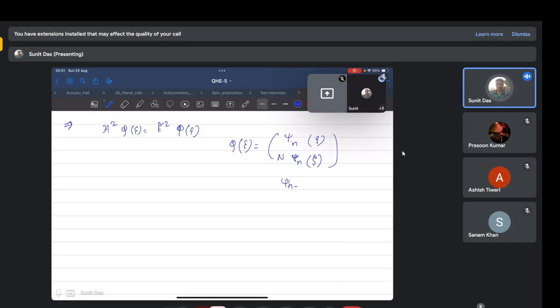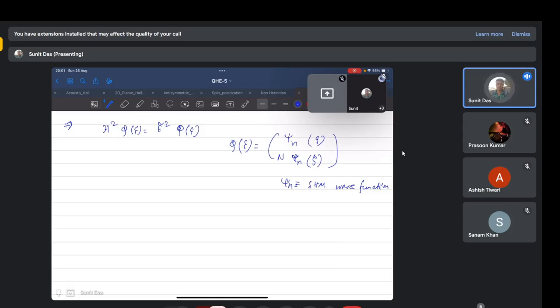And psi n is the SHM wave function, basically harmonic polynomials, which have all the properties valid for the simple harmonic oscillator in quantum mechanics first phase.